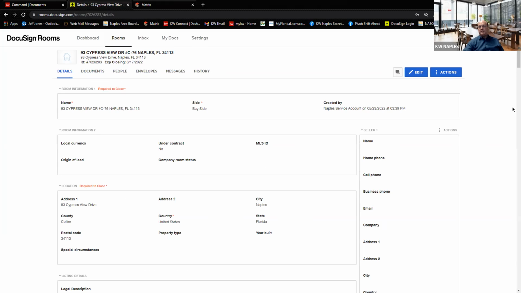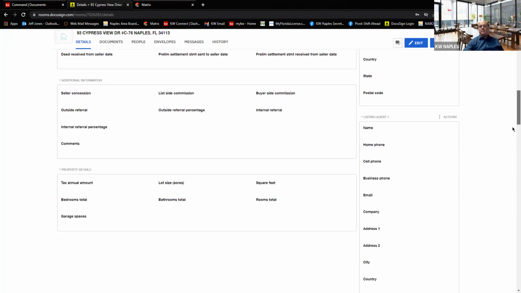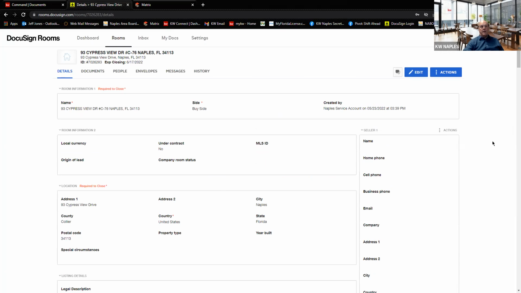That's by going to details and putting in the information for the seller and buyer, and for the property. You notice it's put the property information already in there for you. Okay. So that's come over from what we put into Command.